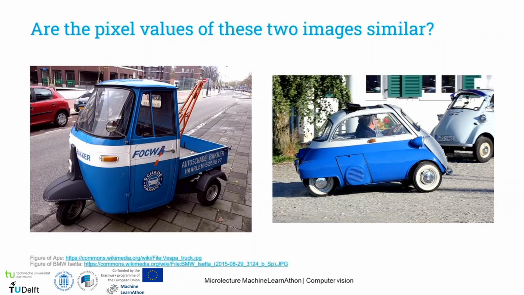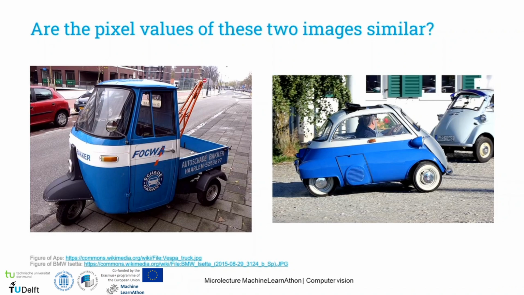For example, if you have these 2 images here, the output is similar, right? Both of them are cars, both of them actually cars with 3 wheels. But if you look at the matrix, at the values of each individual pixel, they are completely different. If you compare them one by one, like this pixel with that pixel, well, this one is green and this one is red or so.